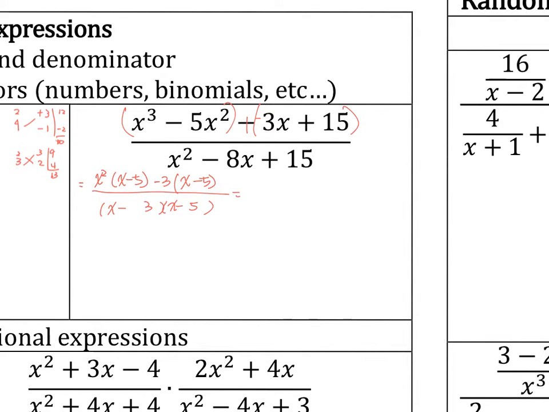Keep going. Cancel. And this is your simplified form because 3 is not a perfect square, so we can't use the difference of squares.